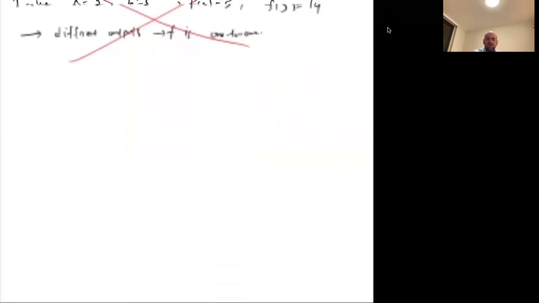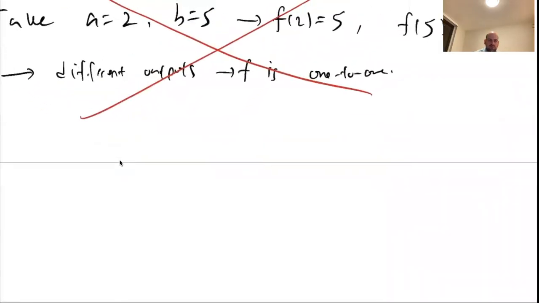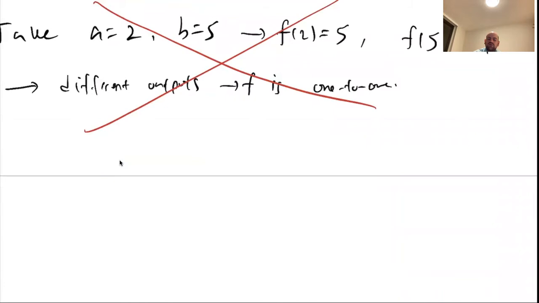Because we learned, in this course and also previous courses, that in mathematics, if you want to prove something, your proof has to be in general, not with examples.